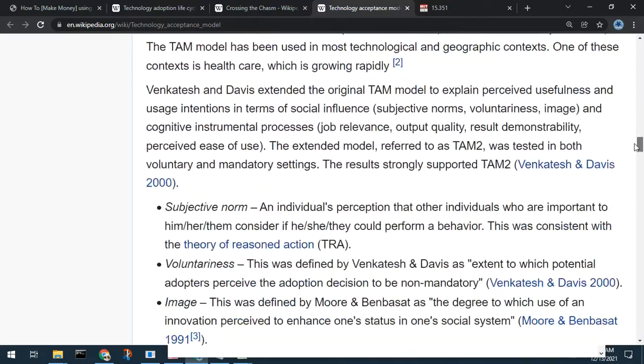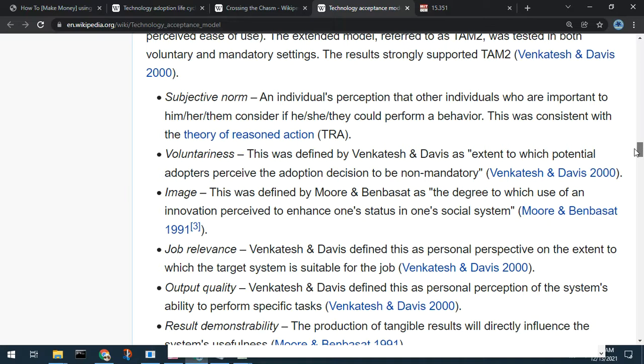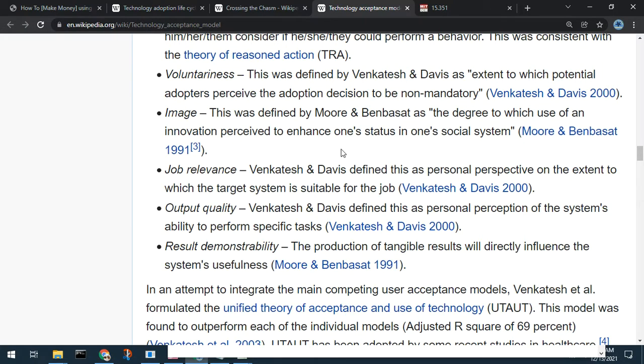Again, you can look at this article in more detail, but some other variables they point out in this model is the perception of how important others view this technology. Is it not a mandatory technology? Does it enhance someone's image? Is having a Tesla a status symbol that may cause an enhanced adoption?